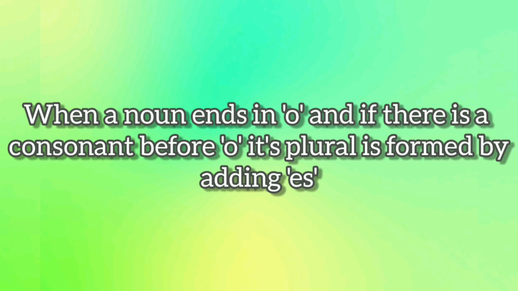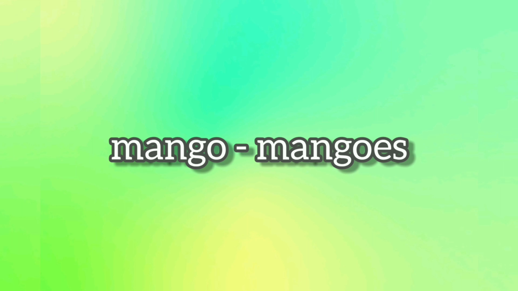Now come to the next rule, that is rule number 5. When a noun ends in O and if there is a consonant before O, its plural is formed by adding ES. For instance, mango, mangoes. You can see G before O and G is a consonant.